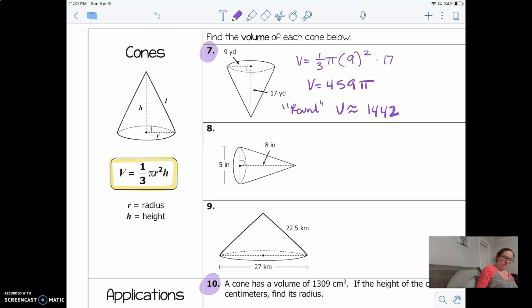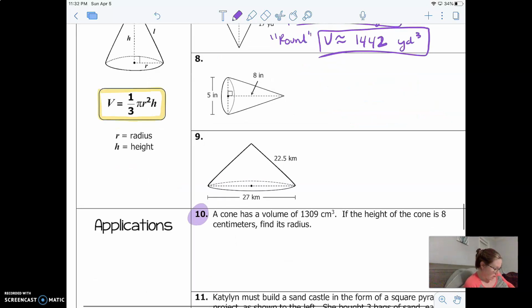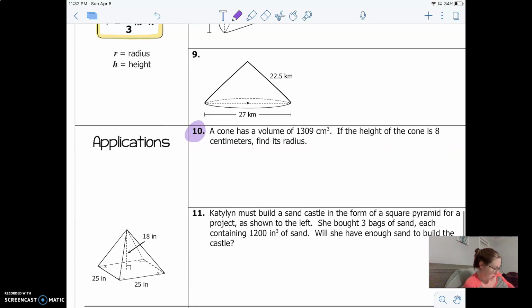Oh, that would round to 1,442, actually. Yards cubed. So either one of these would be correct, depending on how the instructions are given. Okay? Not too bad there. We didn't have to do anything extra. No Pythagorean theorem.